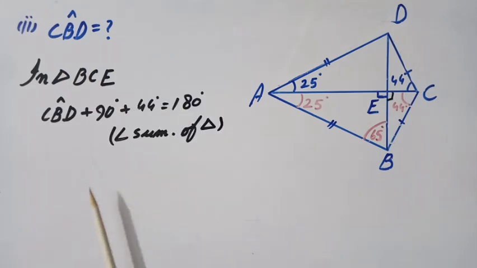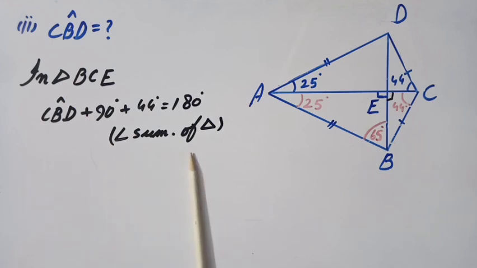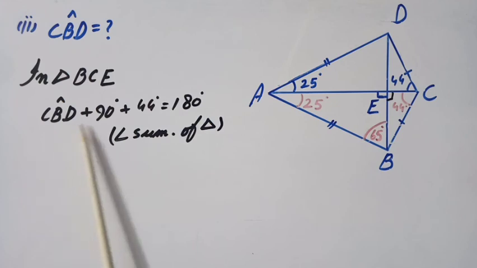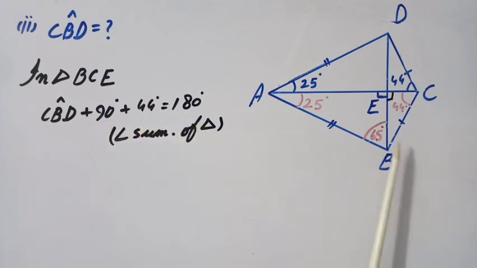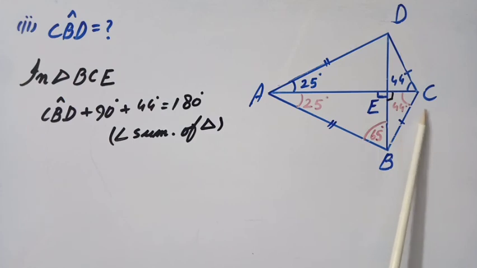Quoting the solution, the reference is part and parcel of the solution. यहाँ पर हमने CBD plus 90 plus 44 equal to 180 किया इस triangle BCE में. So solve it algebraically.